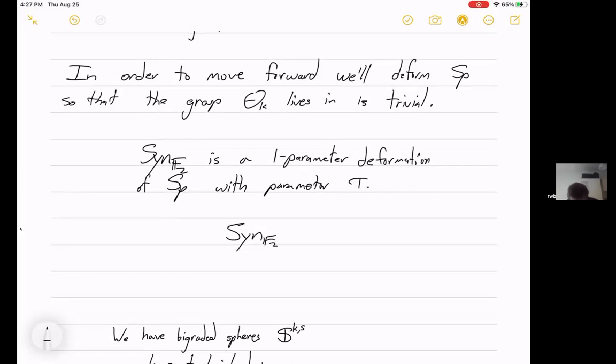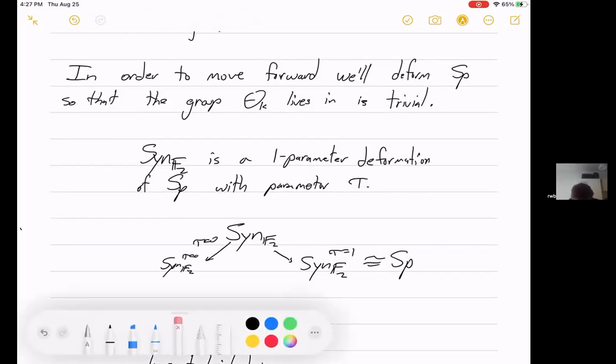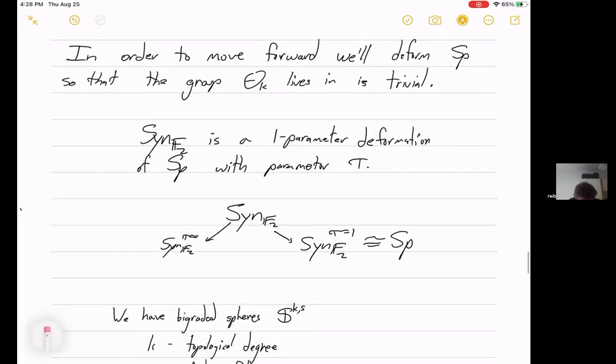So we have synthetic spectra, and as a one-parameter deformation, there are two things we can do with it. We can set tau equals 1 and pass to the generic fiber, and that generic fiber is the category of spectra. And we can set tau equals 0. When we set tau equals 0, we get Syn F2 mod tau, and that is the uncompleted derived category of Steenrod comodules.